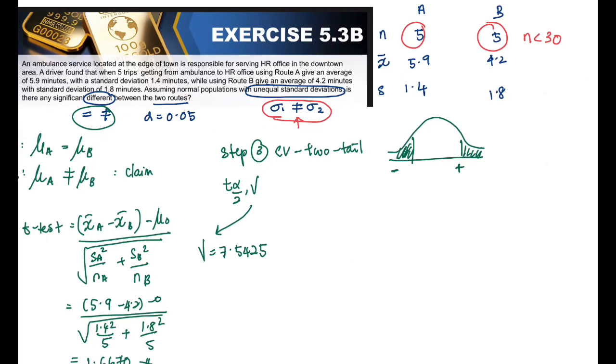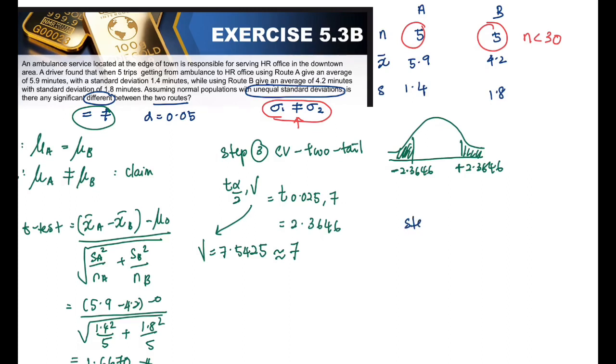Then you have to round it down, so it becomes 7. So t 0.025, 7 is equal to 2.3646. So here 2.3646 is positive, and here negative 2.3646. Right.